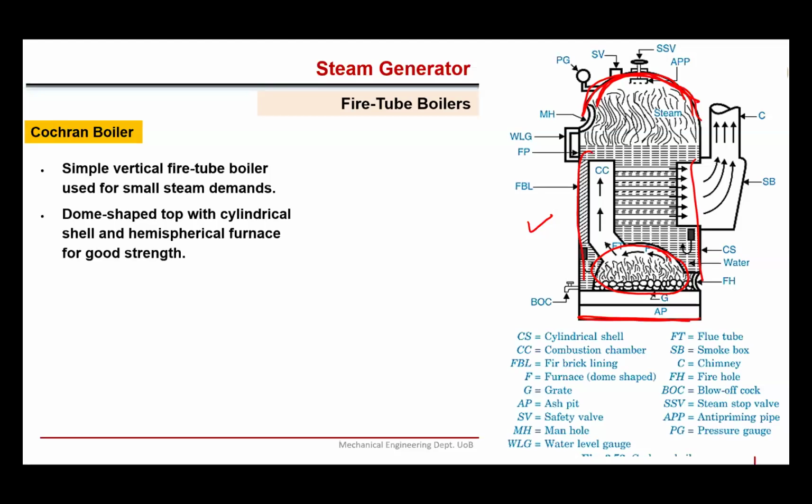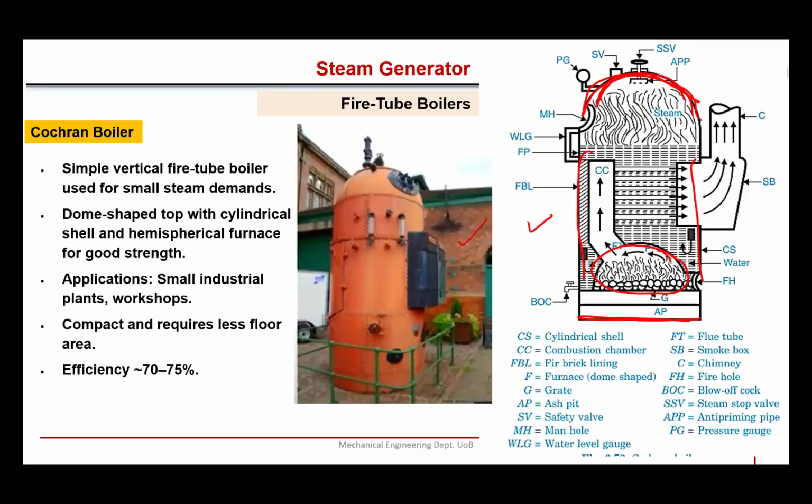Here, I think there is a real picture of a Cochran boiler. The major components of this boiler are mentioned, and their names are also mentioned here. Right. So, for example, G represents the grate.